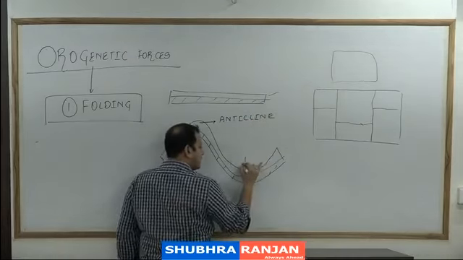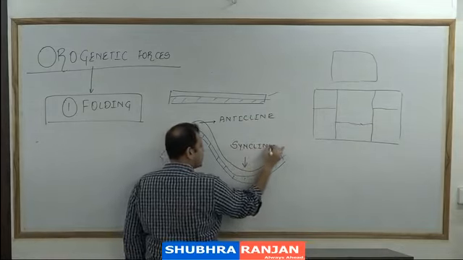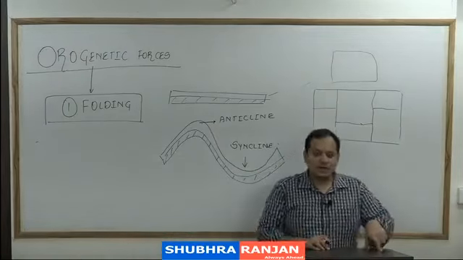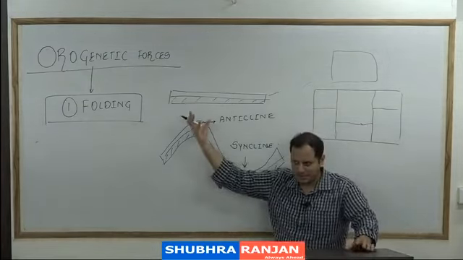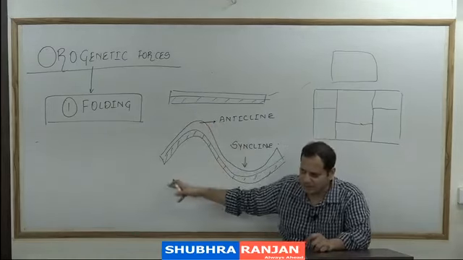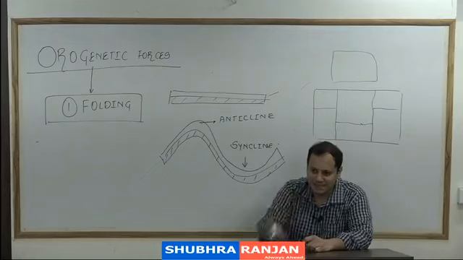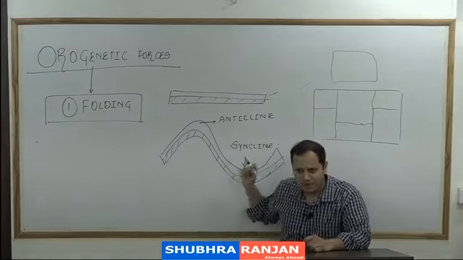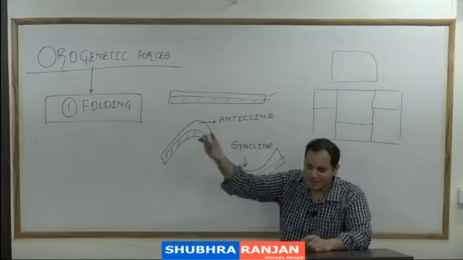We will call this a valley, but in geography this is known as a syncline. So what does the folding result into? Folding results into warping. In warping, the upfolded part is known as an anticline. Generally mountains are anticlinal mountains, and the downfolded part is known as a syncline. So going ahead we will use the word synclinal valley. You should understand that a synclinal valley is nothing but a valley in the downfolded part.